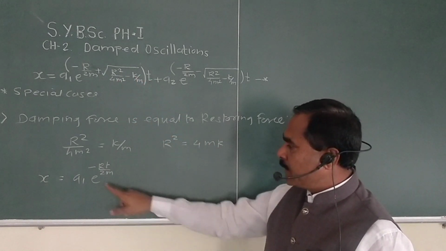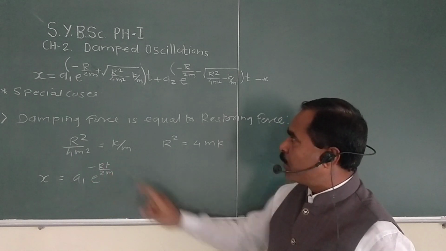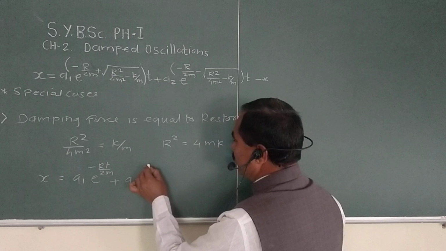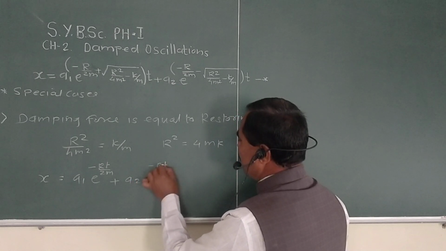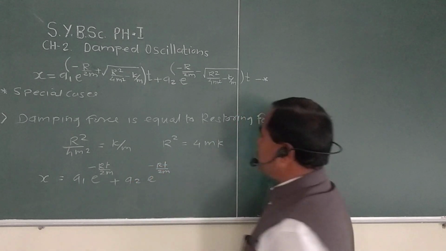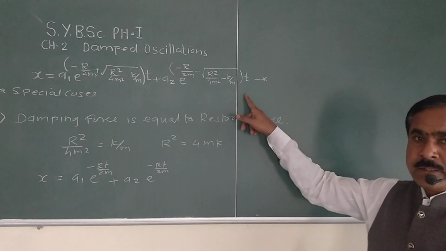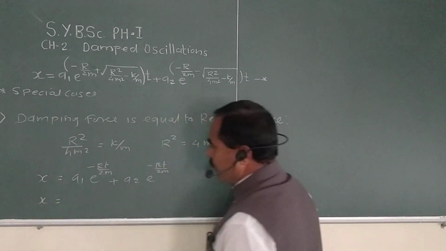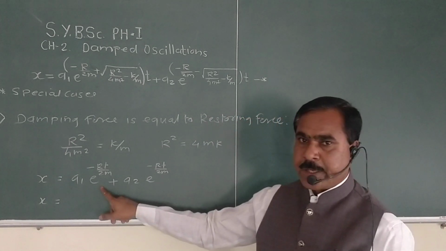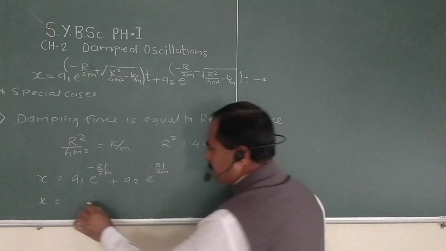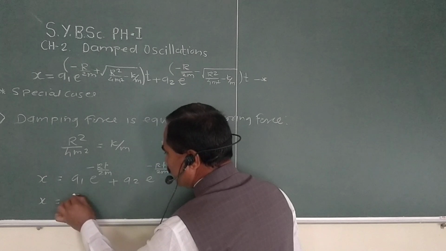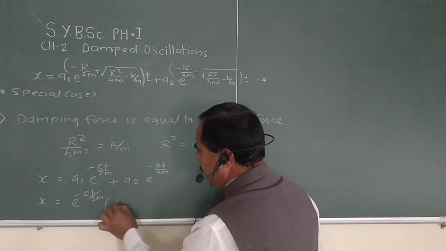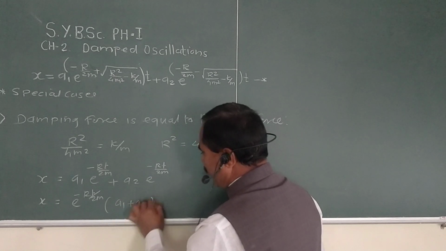Then we get a1 e raised to minus rt upon twice m plus a2 e raised to minus rt upon twice m. So next we write here x equal to, we take common e raised to minus rt upon twice m, so e raised to minus rt upon twice m in bracket a1 plus a2.